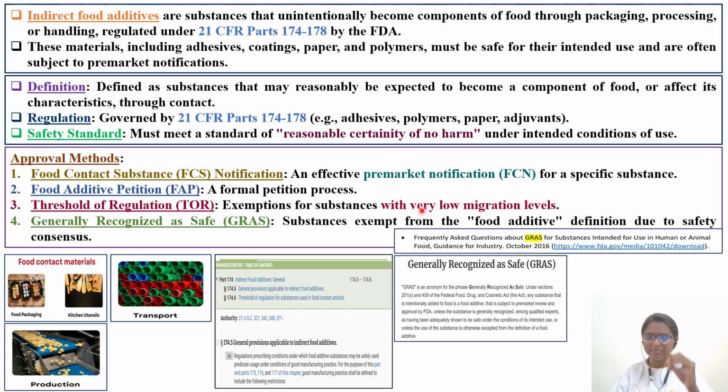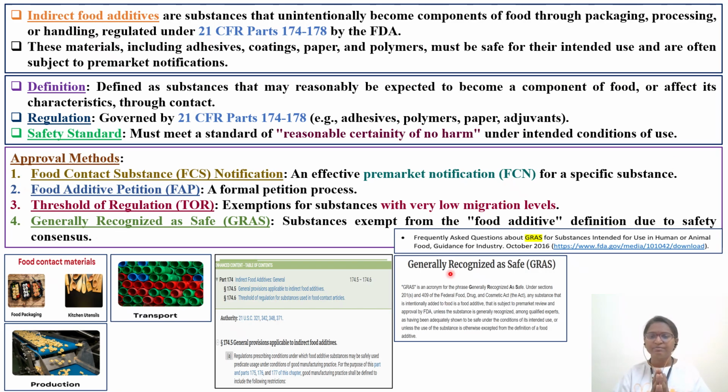The migration, whether from the paper or the adhesive or polymers, is at very low levels. And the fourth one is generally regarded as safe. For GRAS, there is a GRAS list which the FDA gives. These are substances exempted from the food additive definition due to safety consensus. This is the thing you have to remember.